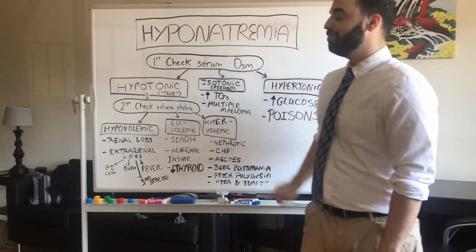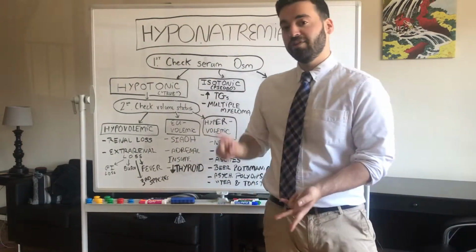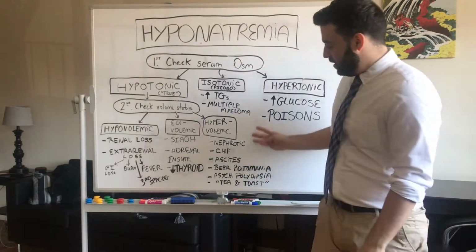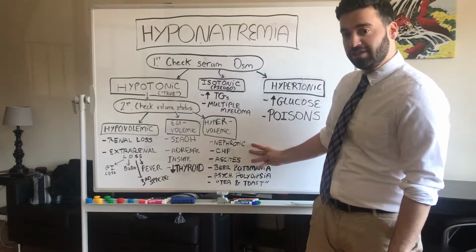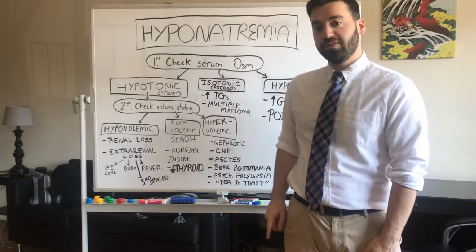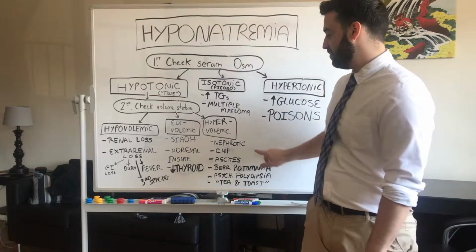Then we get to hypervolemic hypotonic hyponatremia. So low solute in the blood with hyponatremia with volume overload. Here we come with our three major causes of volume overload or edema. Nephrotic syndrome, where the kidneys are causing fluid overload with hyponatremia.